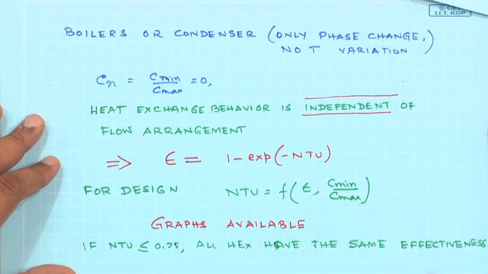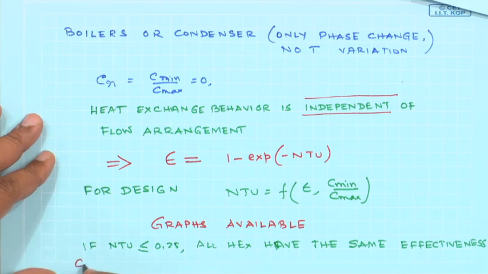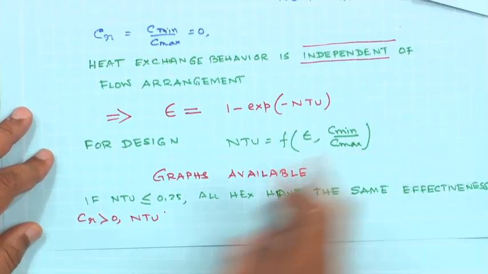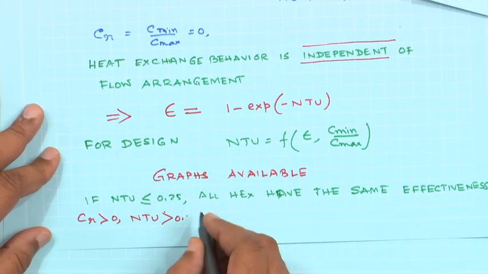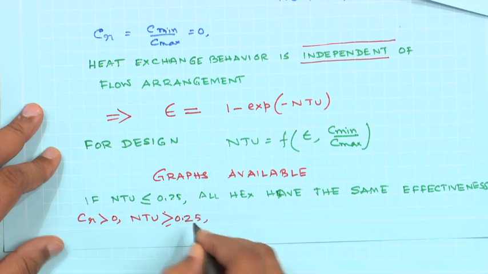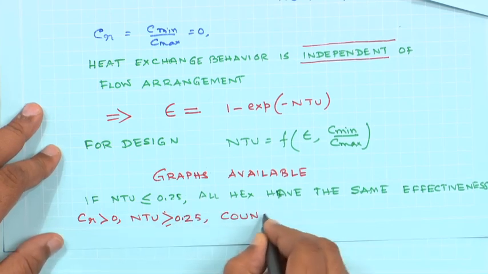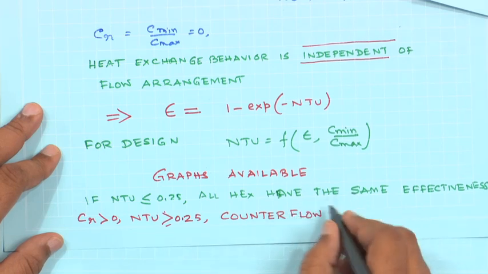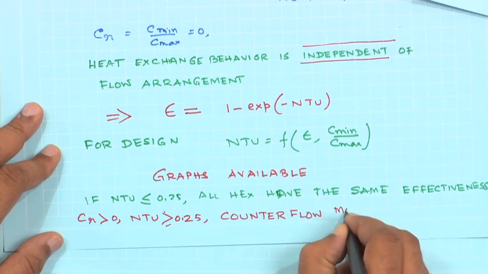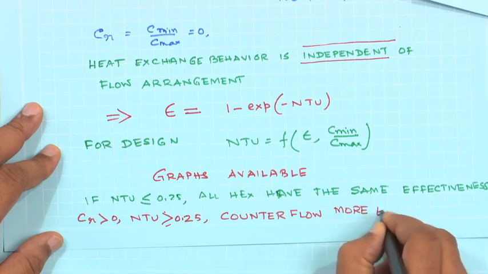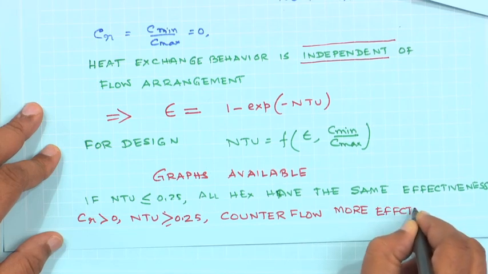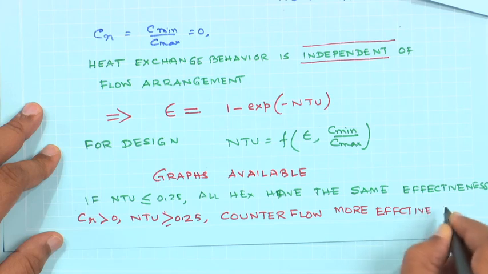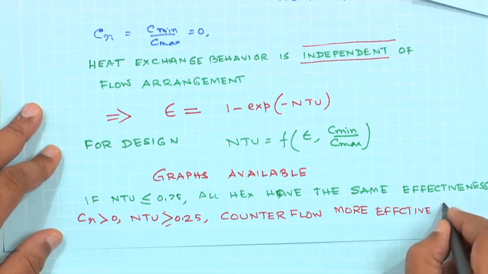And it is also shown that for CR greater than 0 and NTU greater than 0.25, counter flow is definitely more effective compared to parallel flow.